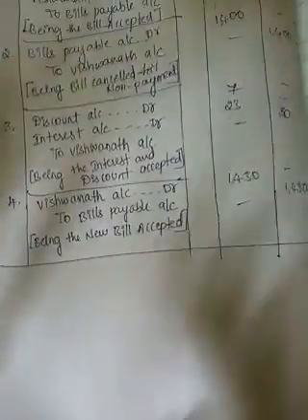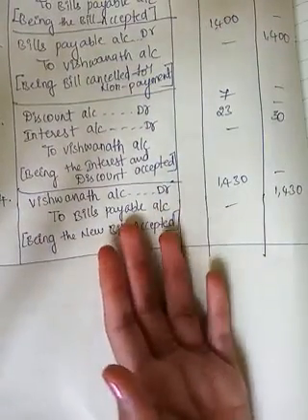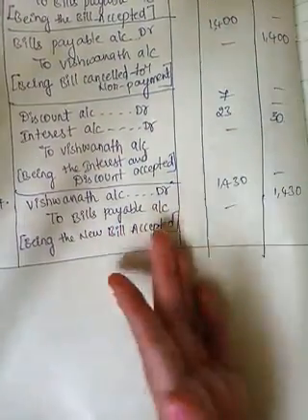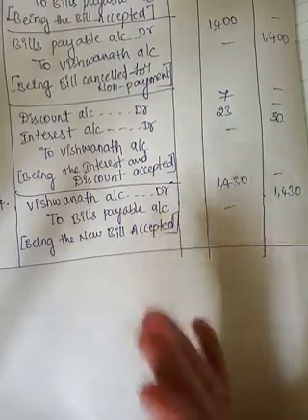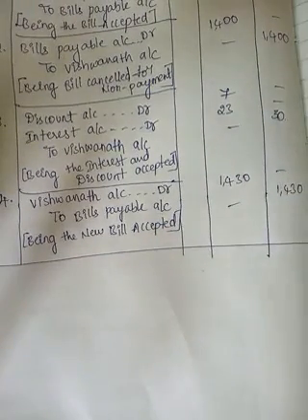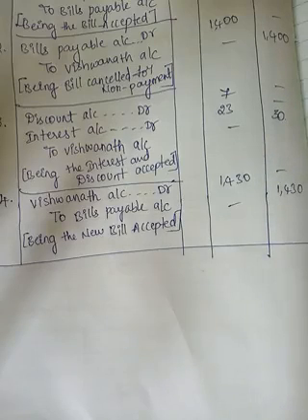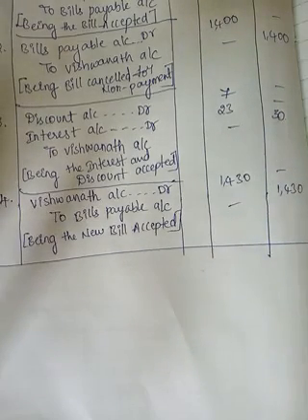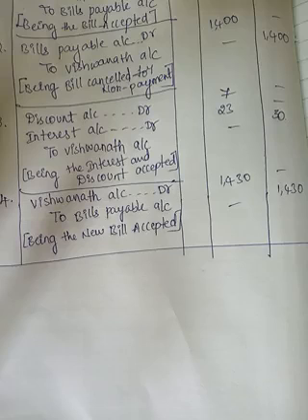In the books of Jagannath, he will make the payment on the due date. The entry is bills payable account debit to cash account. The narration is being the bill honored on due date. These are the journal entries in the books of Vishwanath and Jagannath.